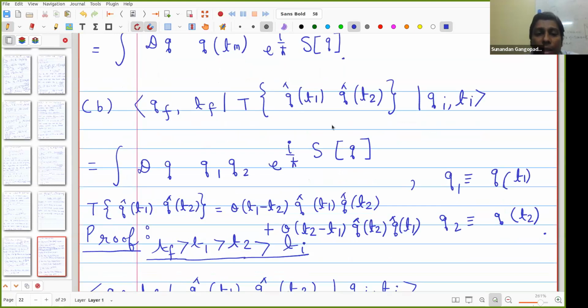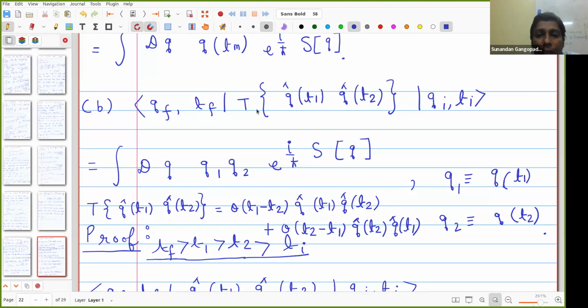And the result for this is a very simple result. Once again, you can write it in terms of a path integral. It is basically the path integral Dq, once again with these limits, which I have not written down. It is q1 q2, weighted by e to the power of i/ħ times the action. What is q1? q1 is nothing but q at t1, q2 is nothing but q at t2, and these are ordinary functions. The operatorial character is completely gone.